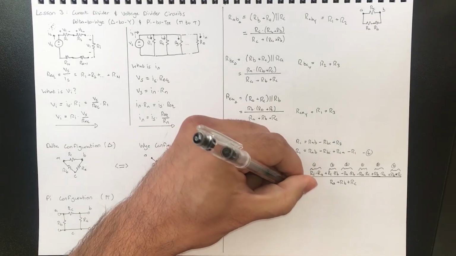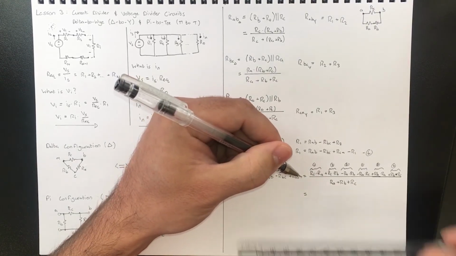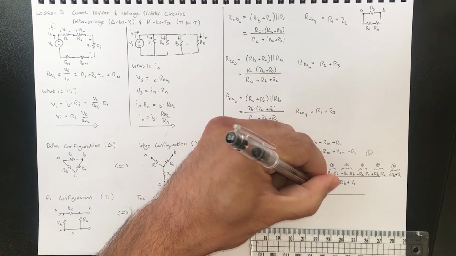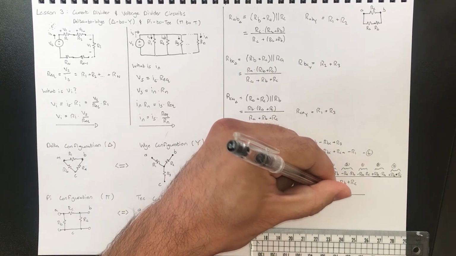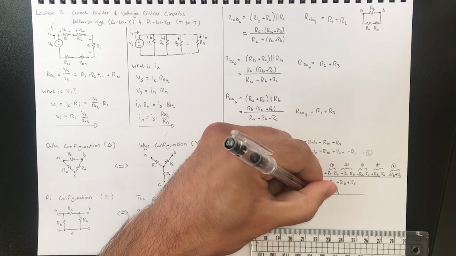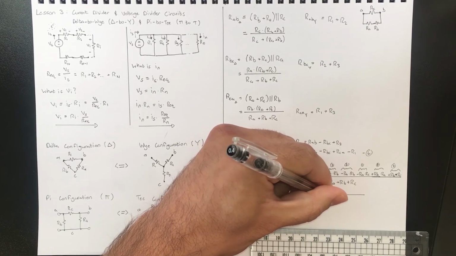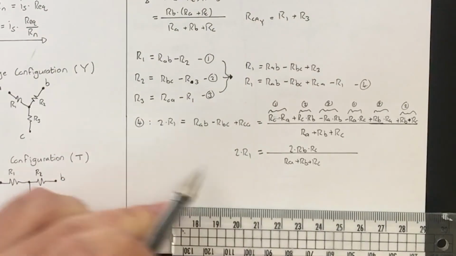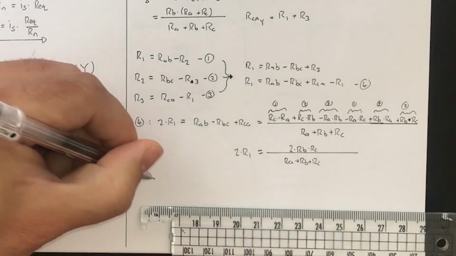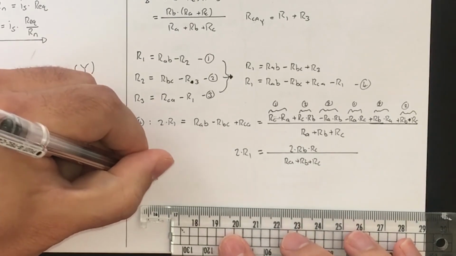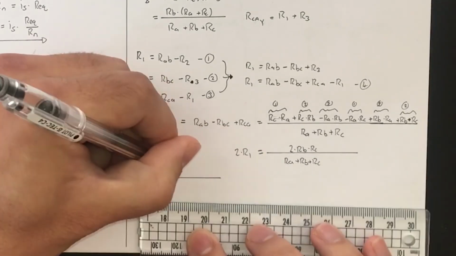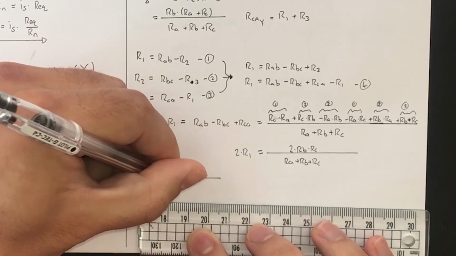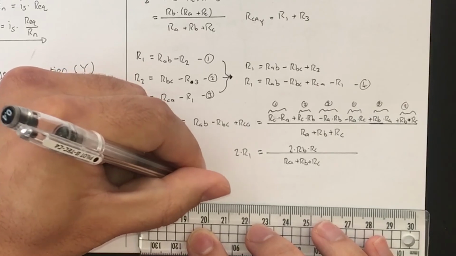And then finally, we are left with 2 RB, RC over RA plus RB plus RC. And this is equal, long ago, to 2R1. So we can get R1 as RB, RC over RA plus RB plus RC.